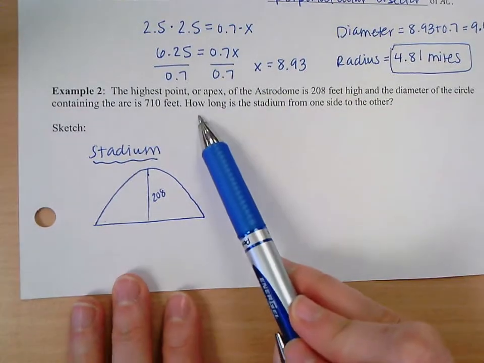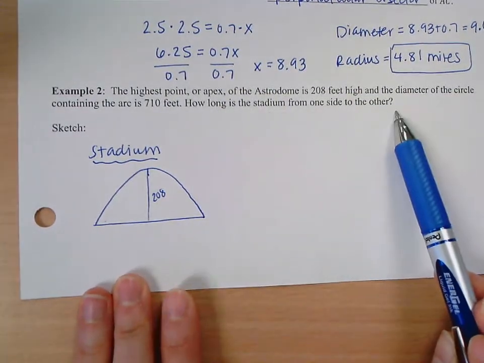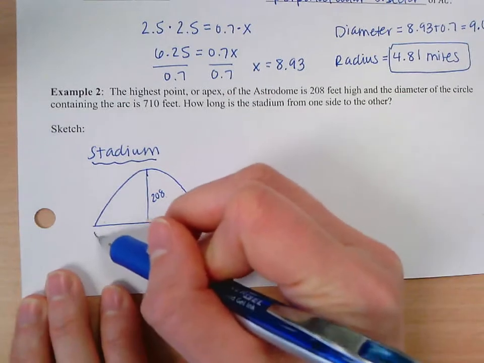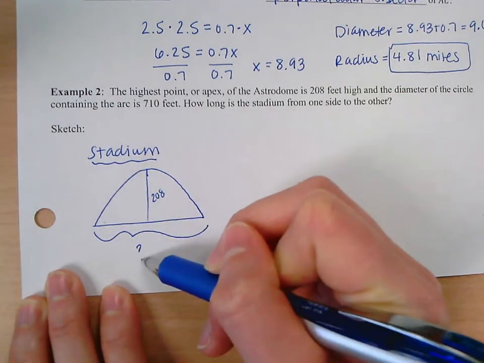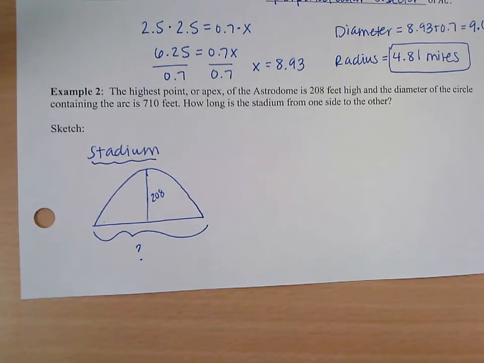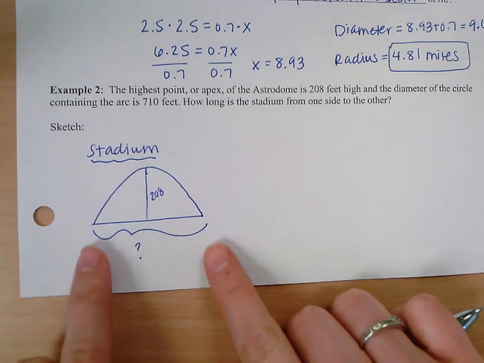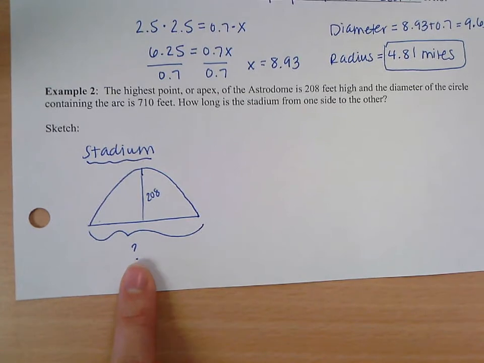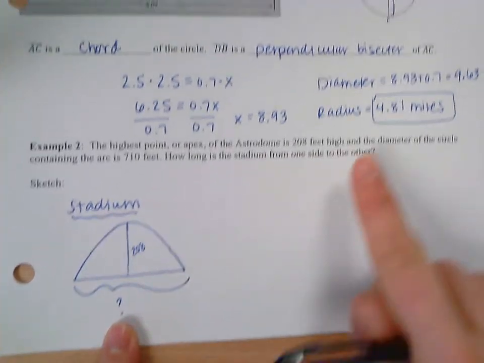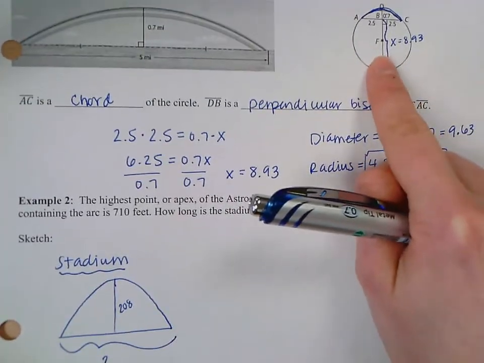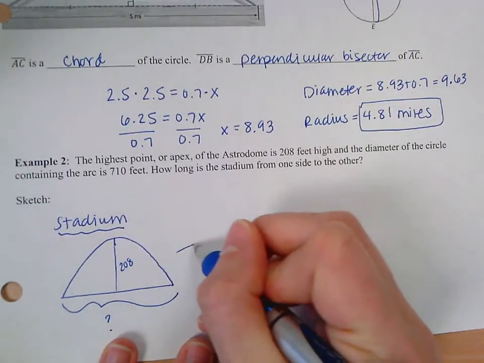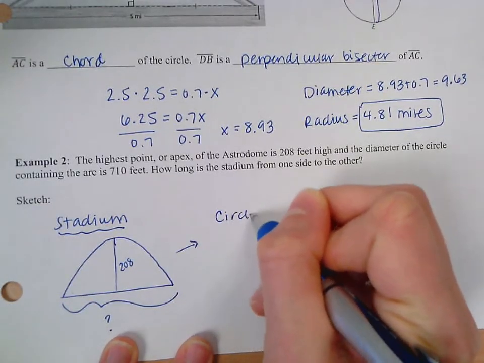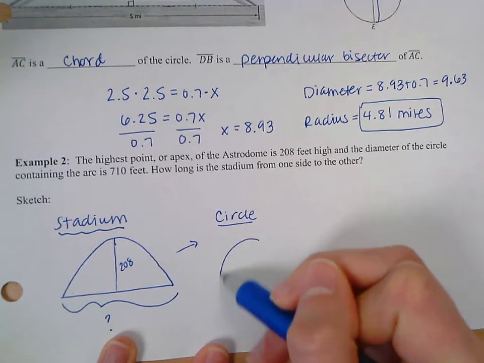We're looking for how long the stadium is from one side to the other, so this length is actually what we are looking for. So how long that is from one side to the other is what we're trying to find. So if I were to now draw this as part of a full circle, so say I have a full circle.